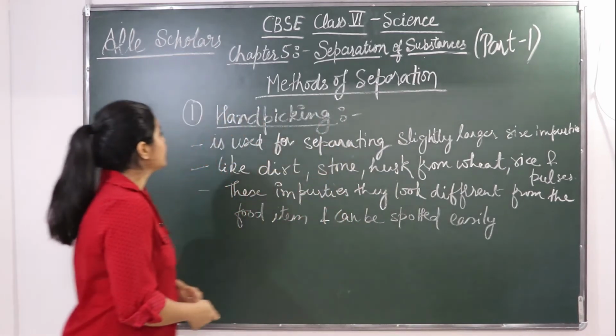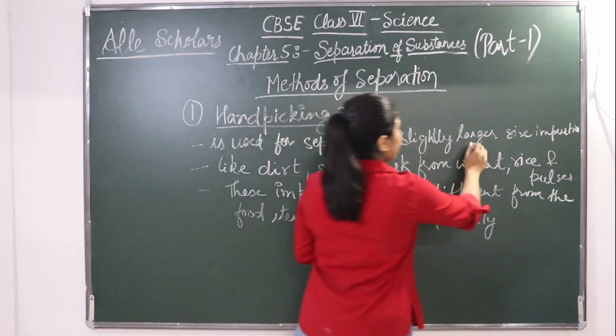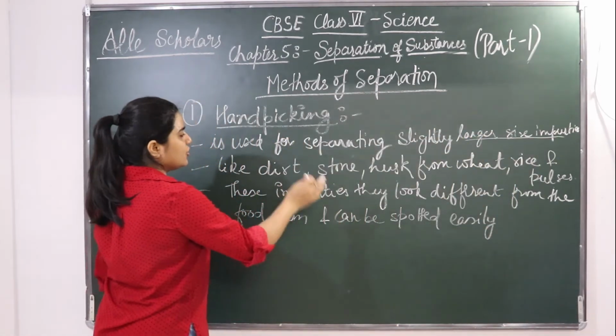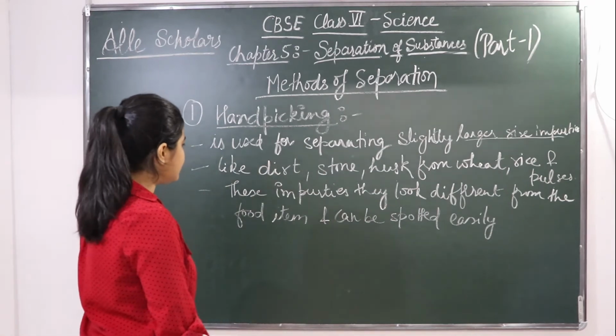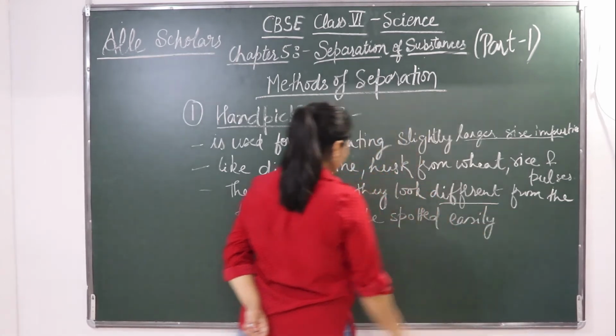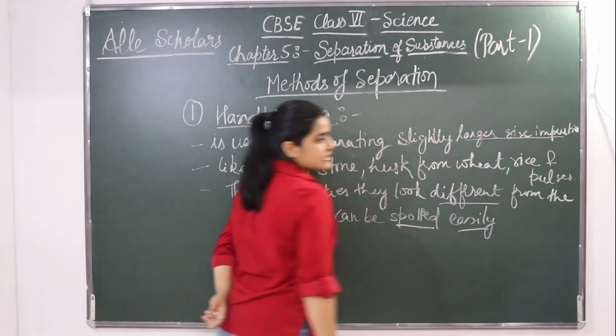Okay, so hand picking is used for separating slightly larger size impurities like dirt, stone, husk from wheat, rice and pulses. These impurities look different from the food item and can be spotted easily.